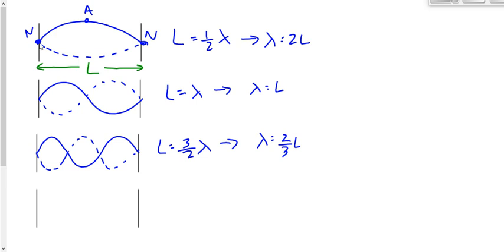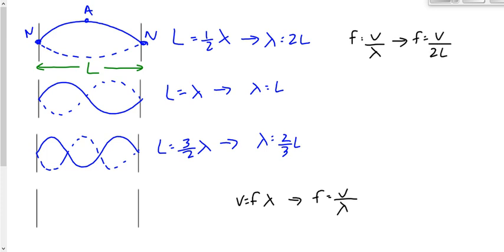Now remember, the universal wave equation that we learned a little while ago. v is equal to f times lambda. Rearrange it. We get f is equal to v over lambda. f is equal to v over, what's lambda? 2L.